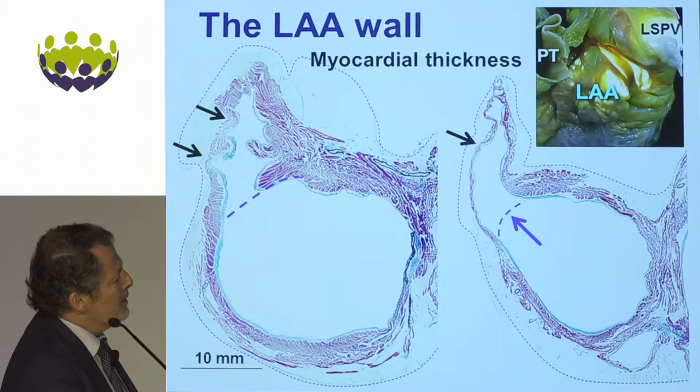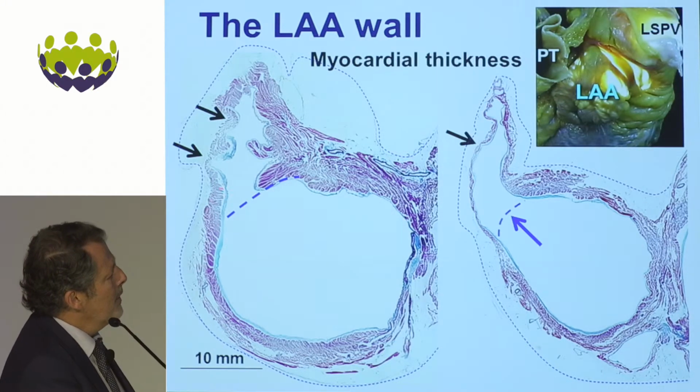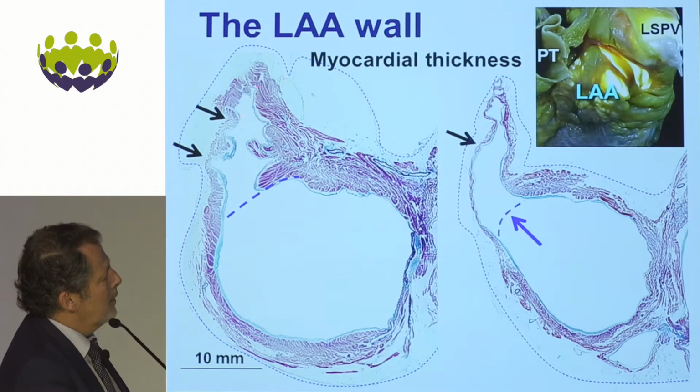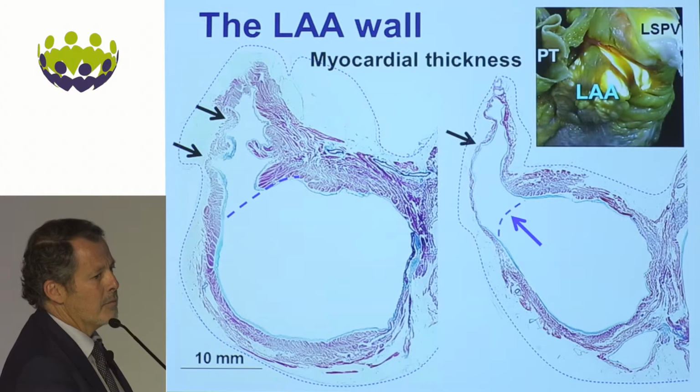Please note this slide. Here you can see the myocardial thickness of the appendage. This is anterior, and this is posterior. In most of the hearts, the posterior aspect of this appendage is thinner when we compare it with the anterior aspect.